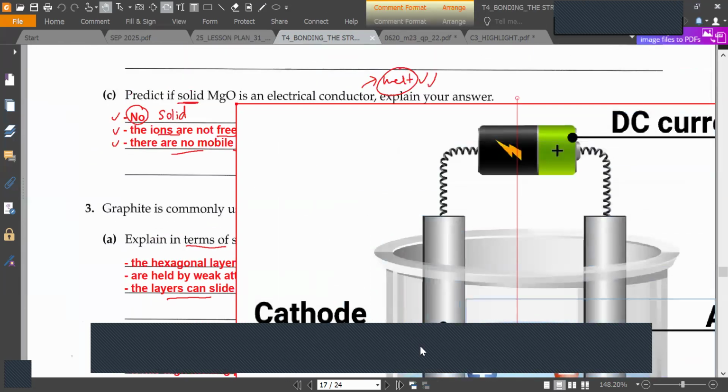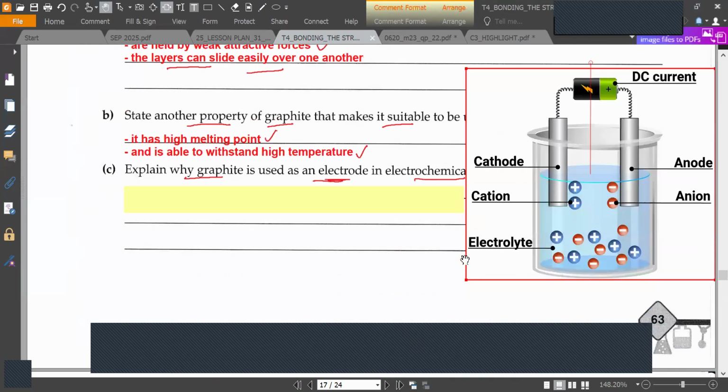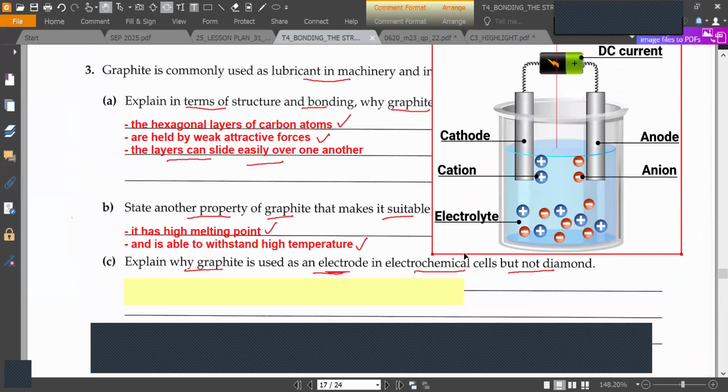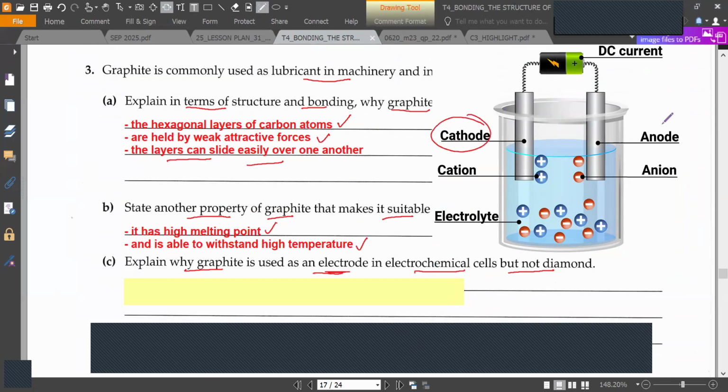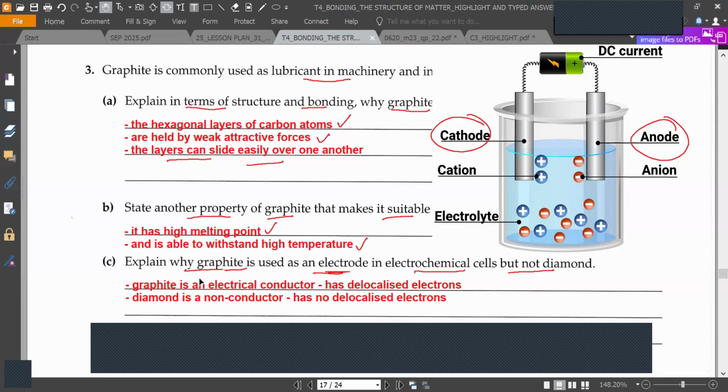In an electrochemical cell, we need electrodes. We need the electrodes, cathode and anode, to conduct electricity. We will use graphite, because graphite can conduct electricity.